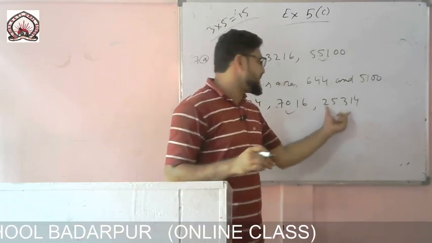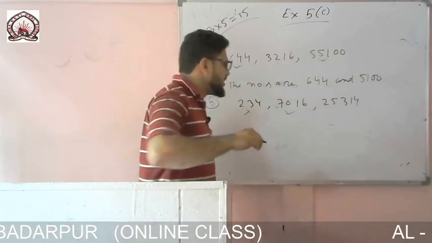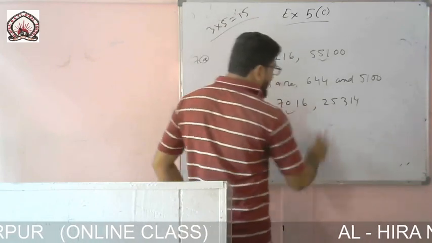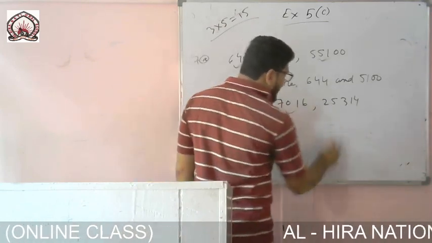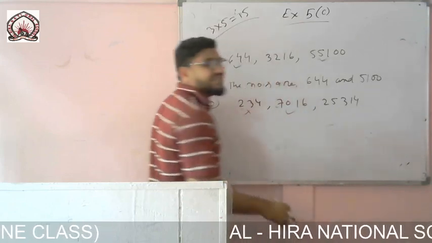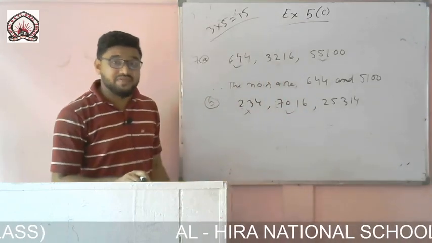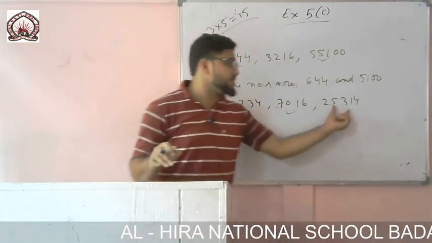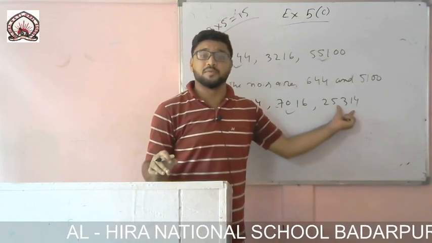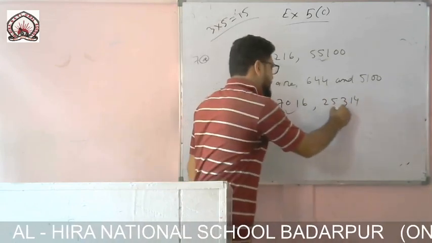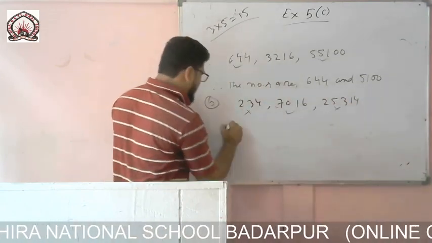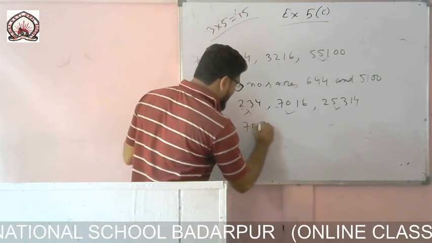How to check with 3? You add the sum of the digits. 5 plus 2 is 7, 7 plus 3 is 10, 10 plus 5 is 15. So 15 is divisible by 3. That means it is divisible by both 2 and 3, so it is divisible by 6. So we cannot take this one. Only this one.